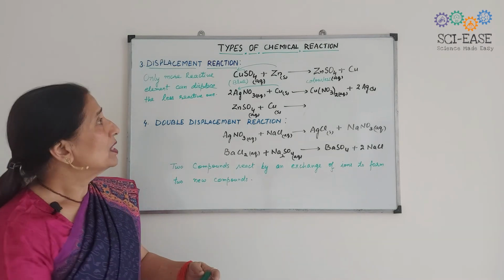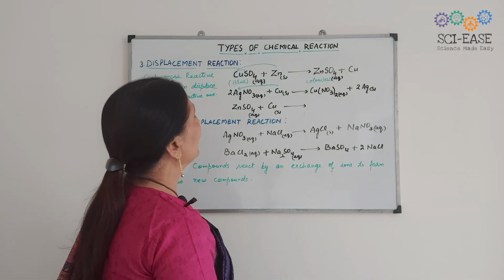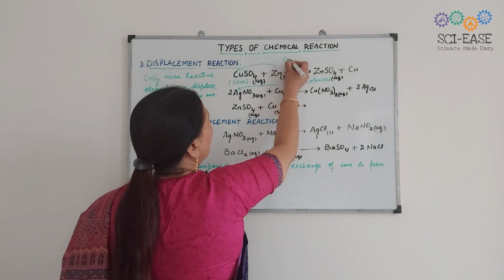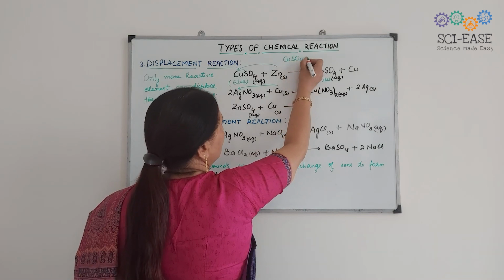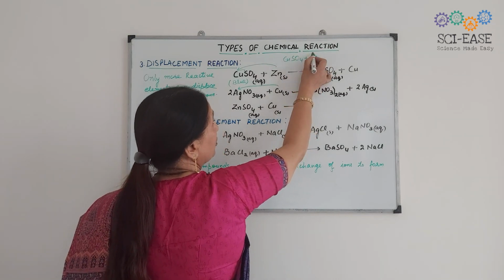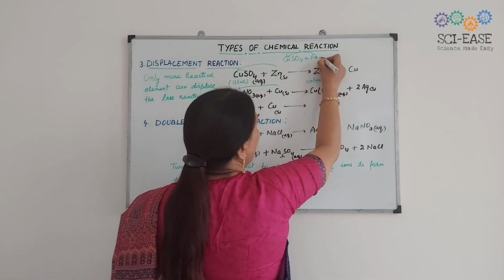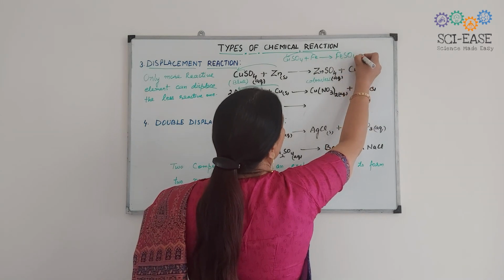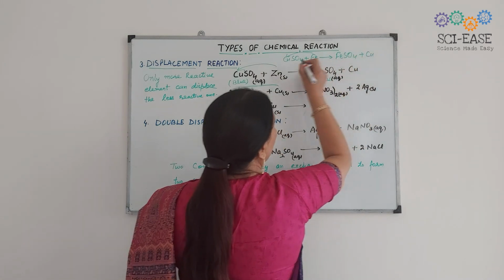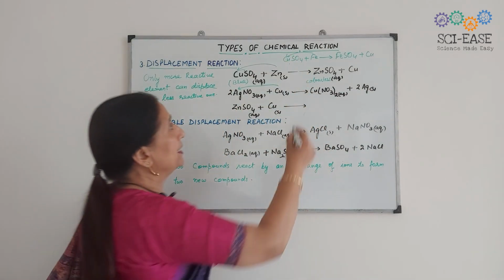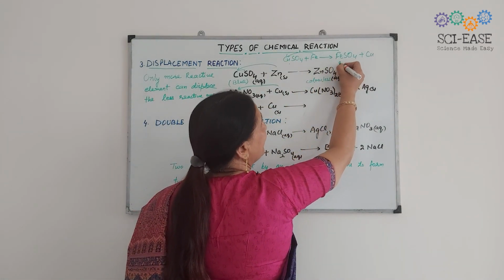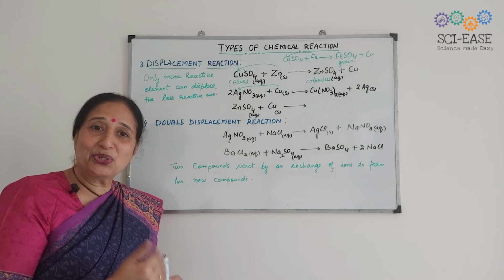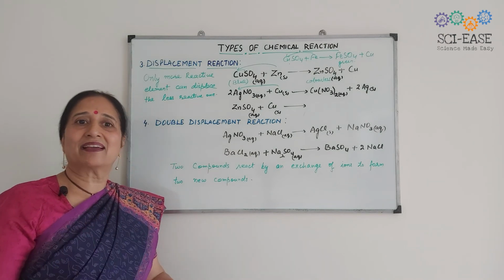You can take another example also, like copper sulfate plus iron. Iron is more reactive than copper, so it will displace it, and this will result in the formation of FeSO4 plus copper. Initially this was a blue solution, and now it has become light green in color. So with the color change, you can judge that some reaction has taken place.